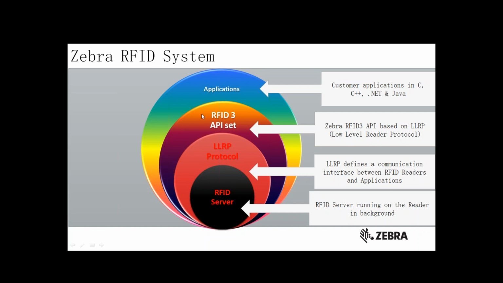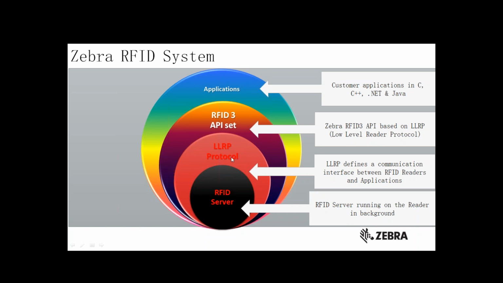This API set is based on LLRP, and gives your application a very quick ability to interface all the way down to the RFID server. We'll talk about this in a little more detail as to why it is advantageous to use the RFID3 API set versus the LLRP protocol, and you'll see the difference in a second.